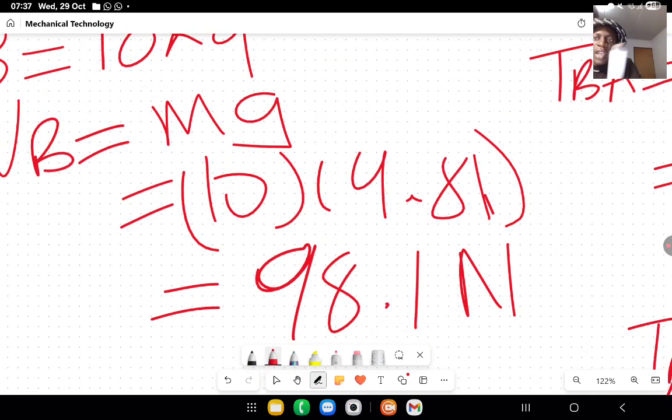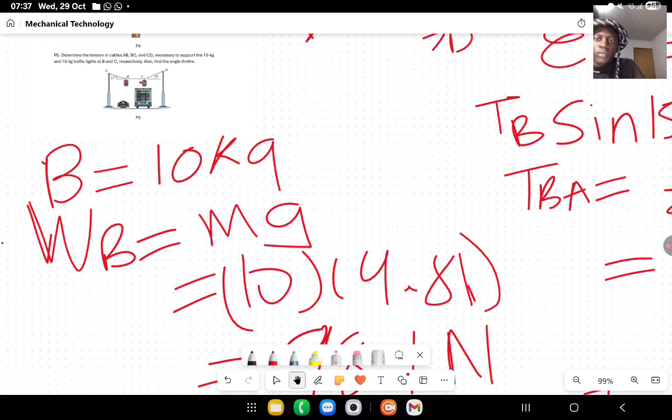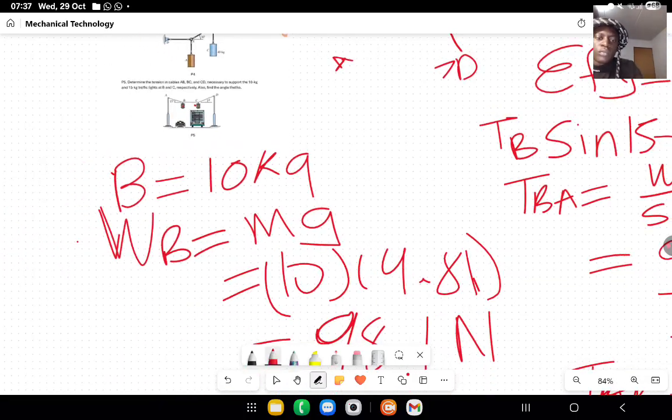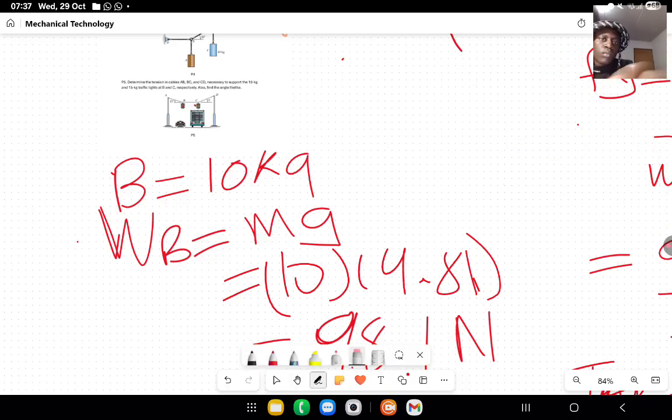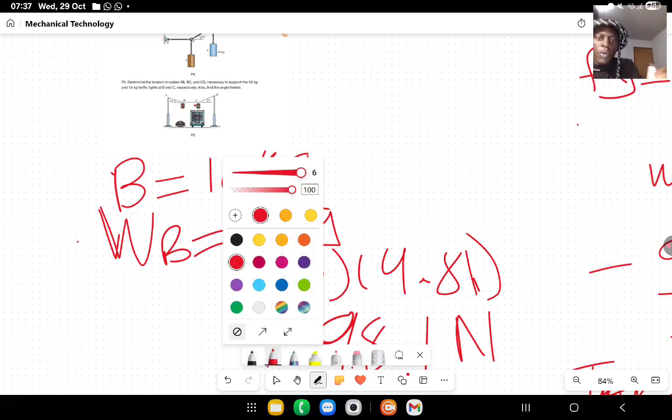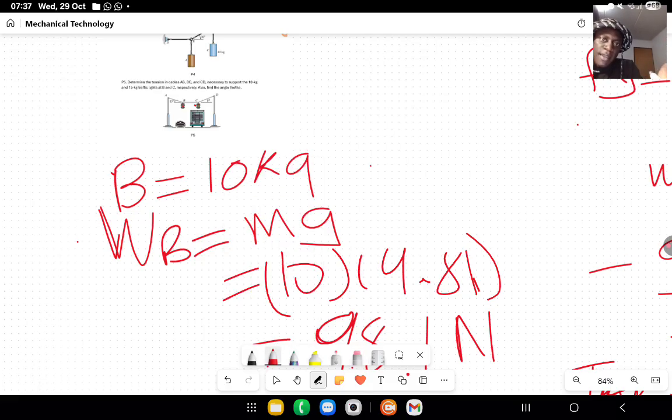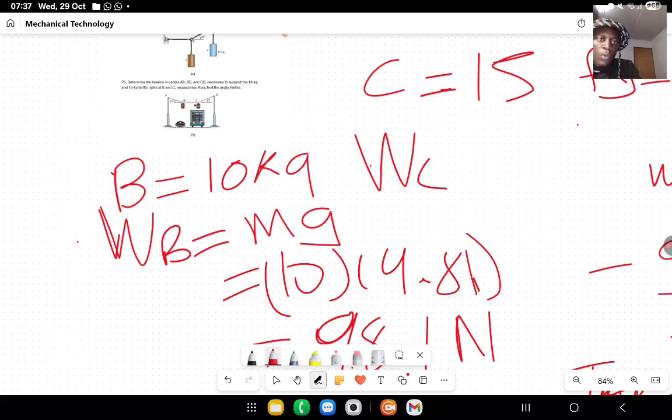Okay. Therefore we have that at C, the mass is 15 kg. Therefore WC, the weight at C, is equals to mass multiplied by gravity.